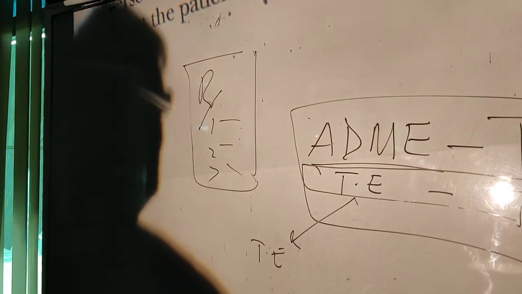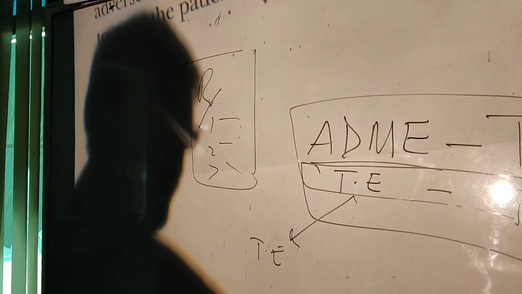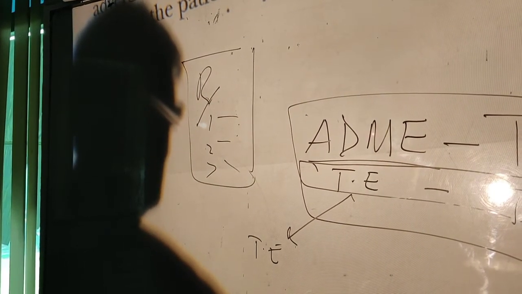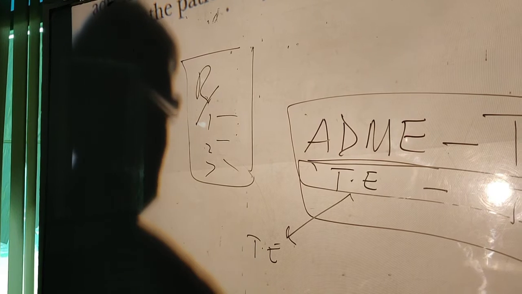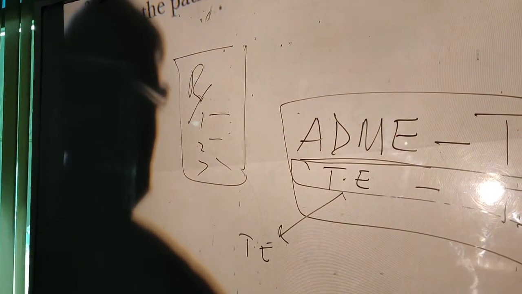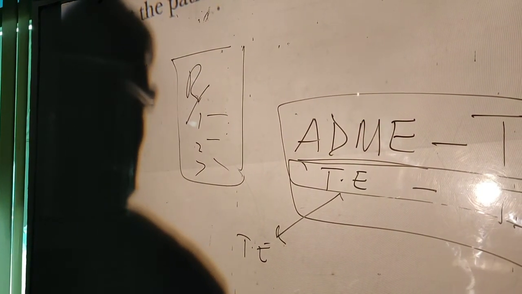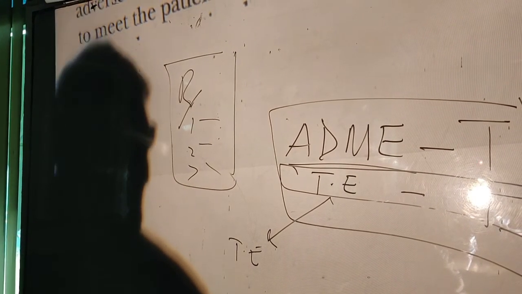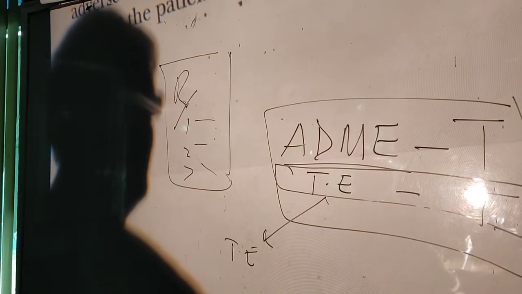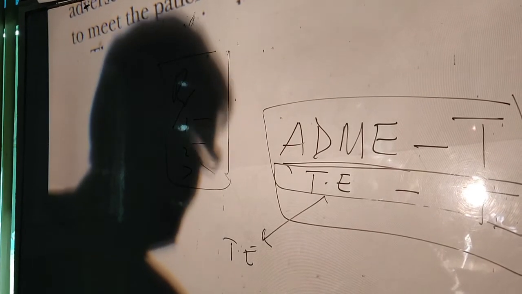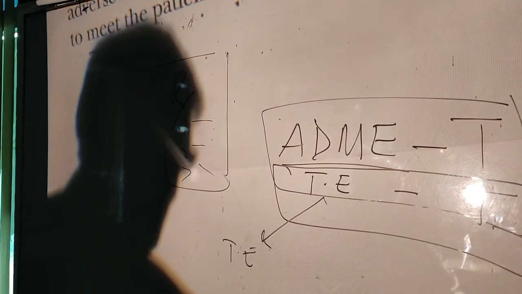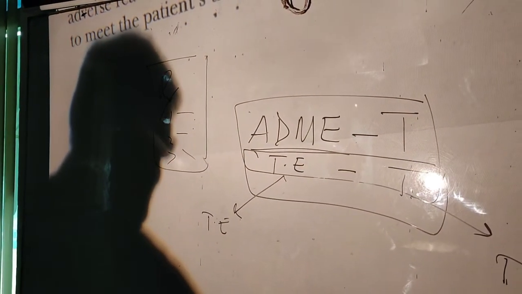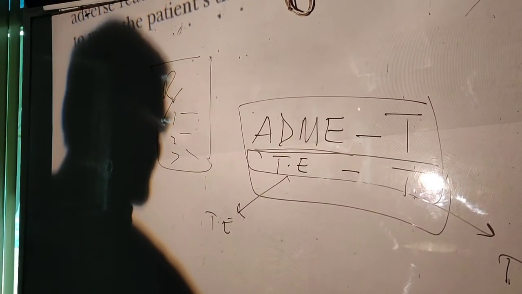You should know the absorption, distribution, metabolism and excretion of every drug of each class, and along with that you must know the toxicity. Then you can do whatsoever you like. If you know all these things, the clinician or doctor will salute you, and the nurse will also salute you.